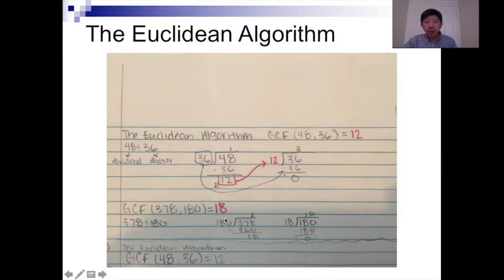Now I move 180 inside here, right? So therefore, you take 180 divided by 18. So therefore, the answer will be 10, the quotient is 10. So therefore, we have a remainder of 0. Are we done? Yes. Once we have a 0, that means we find the GCF. So the GCF will be 18, okay? All right, so now this is the Euclidean method.